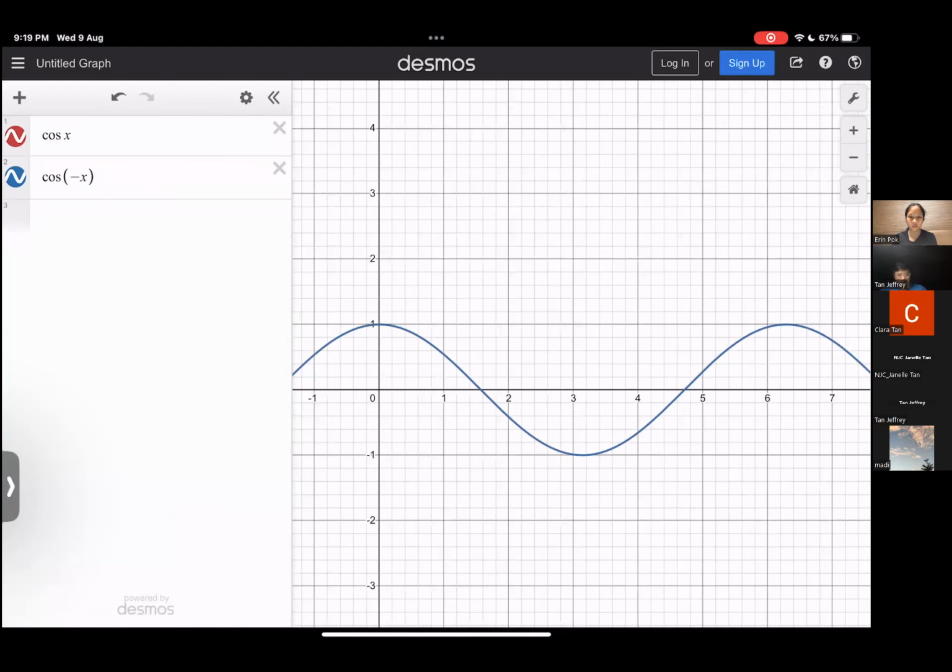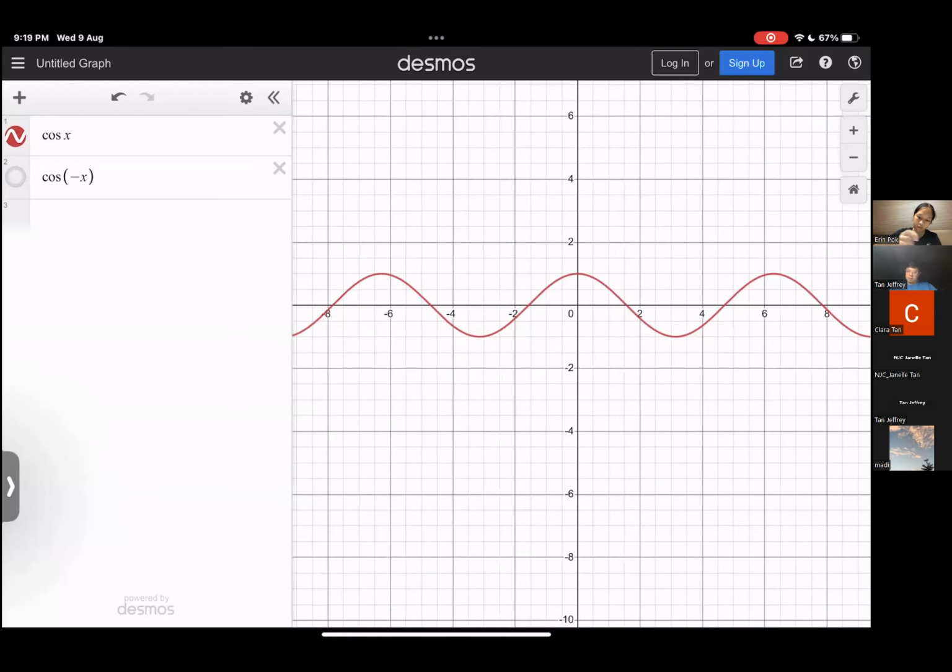Can you see that they are the same graph? Of course, I'm using different x values, but when I reflect that, left and right look the same. It's like you are looking at your reflection in the y-axis as a mirror. Both of them will look the same.